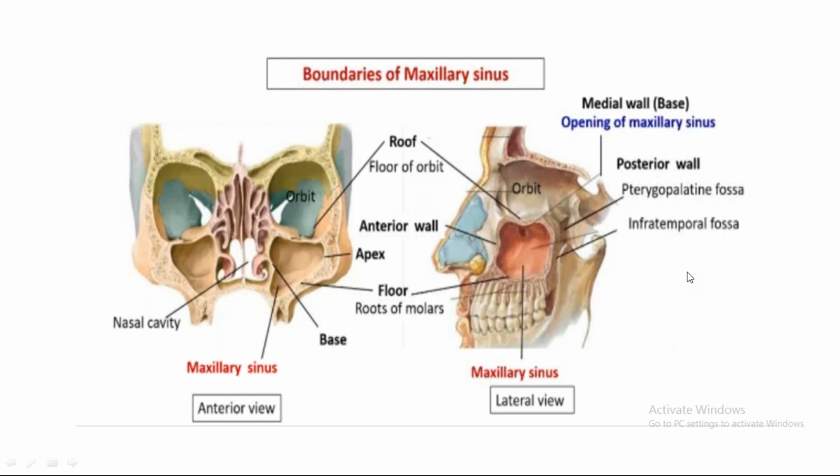So this is how the continuity is there from the nose to the pterygopalatine fossa and the infratemporal fossa. So if you can recall your juvenile nasopharyngeal angiofibroma, which arises from the sphenopalatine foramen and then spreads laterally to involve the pterygopalatine fossa, and then goes on to involve the infratemporal fossa.